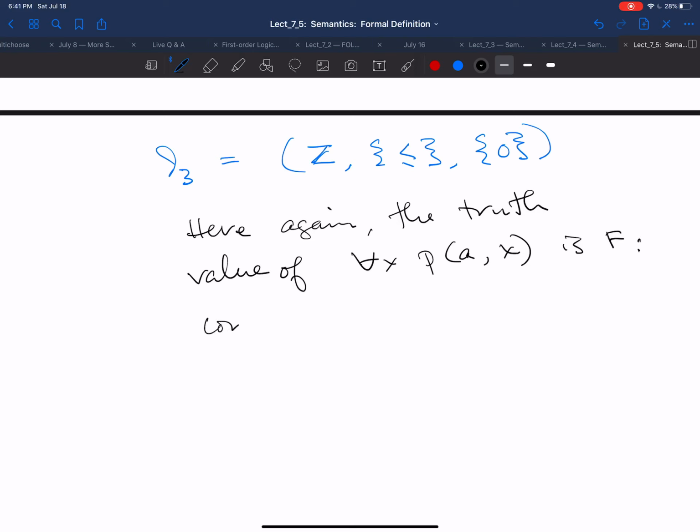And for that, we just have to consider, for example, assigning to x the value -1, which is in our new domain, which is the integers. Of course, 0 is not less than or equal to -1.